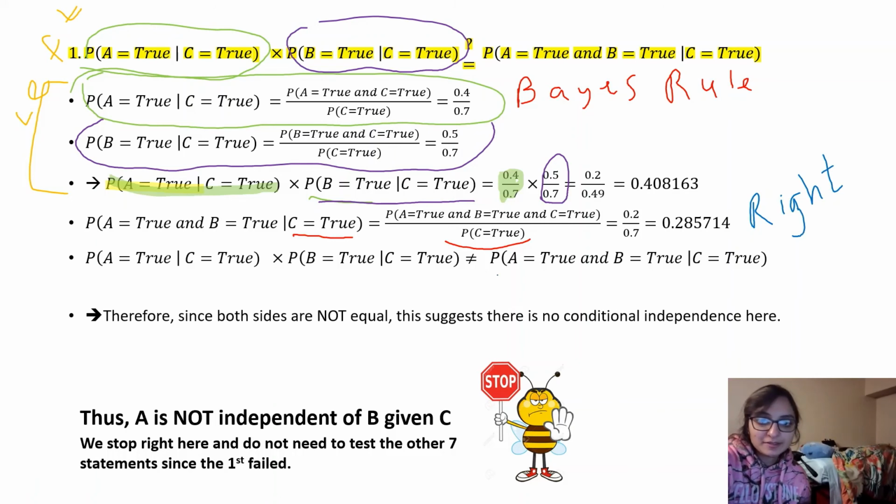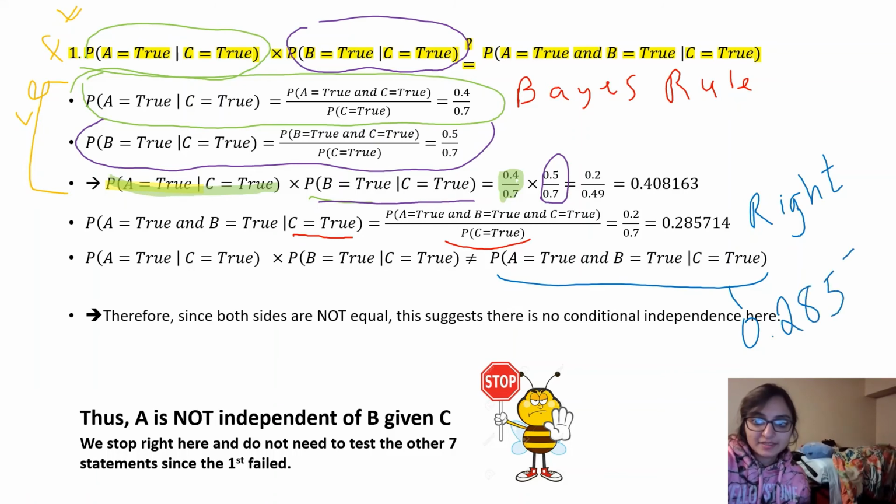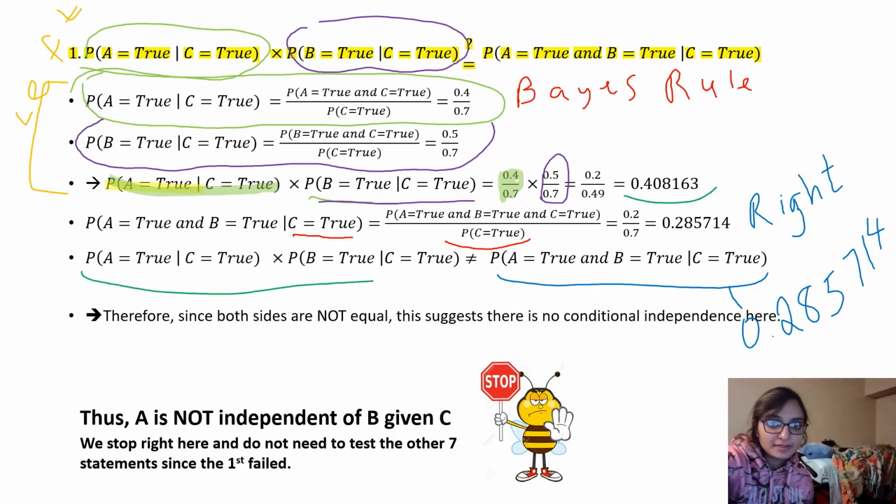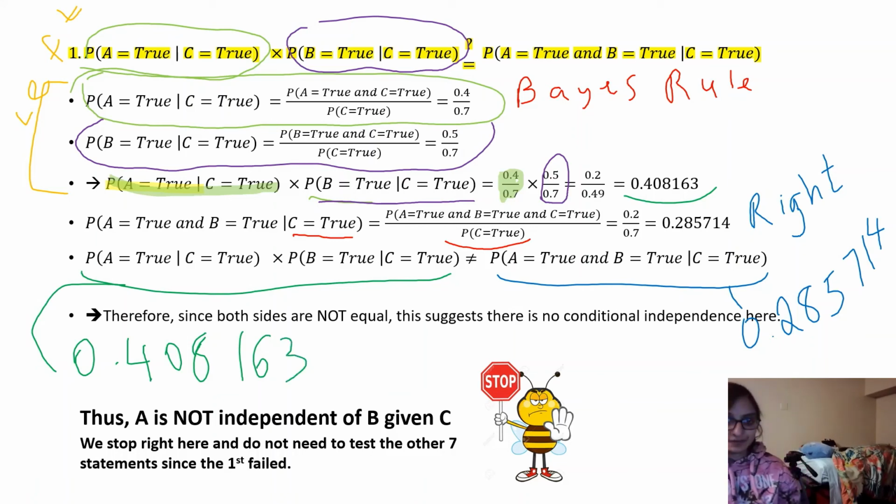This part is 0.285714, and this part right here is just going to be 0.408. So we definitely know that these are not equal to each other.